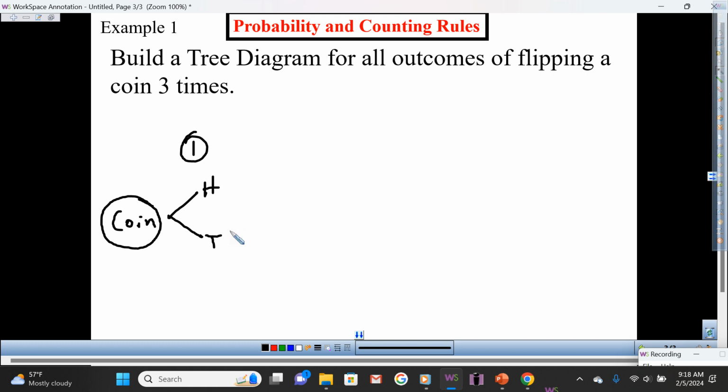Okay, so write that down. That's one flip. Let's go to flip number 2. If you flip it again, what are the odds, everyone? What's the probability? Heads, tails.